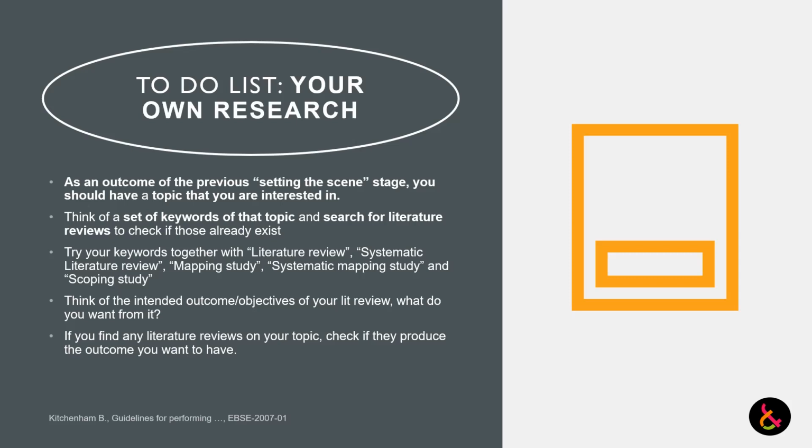Then you can think of the expected outcome of your literature review and what you really want from there. Finally, if you find some literature reviews on your topic, check if they are really producing the expected outcome which you are planning to get as a hypothesis or as your prediction. So something to be thinking of. Just think of your own research and how you can follow these things.